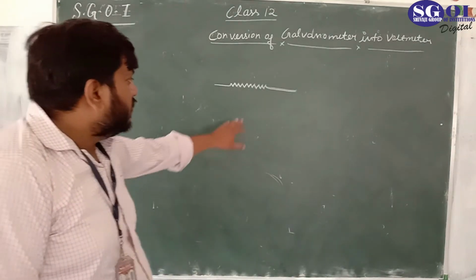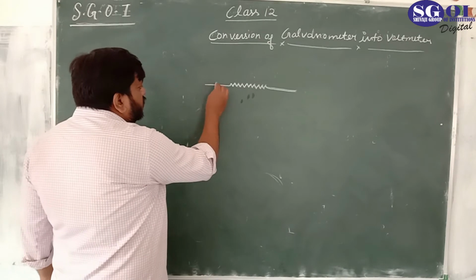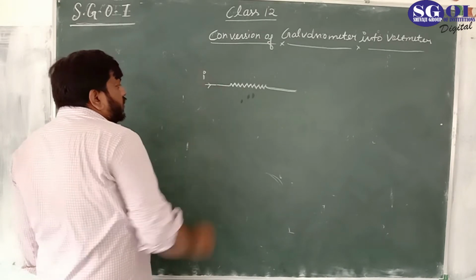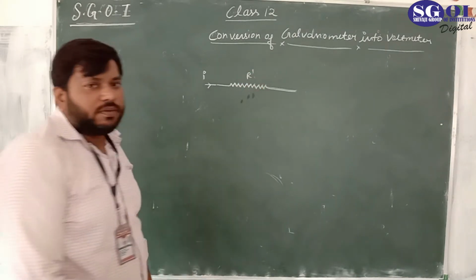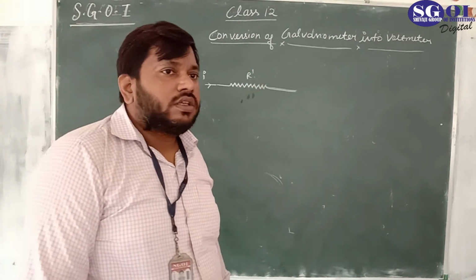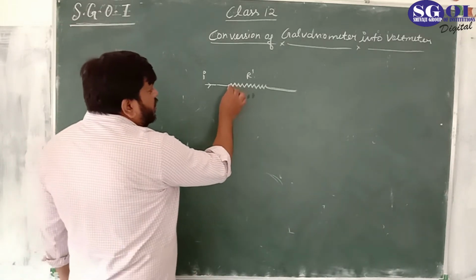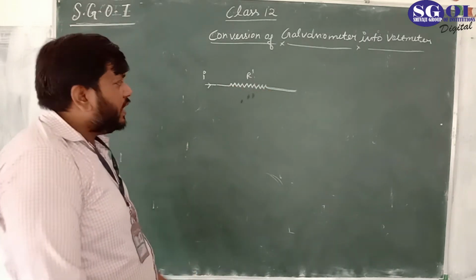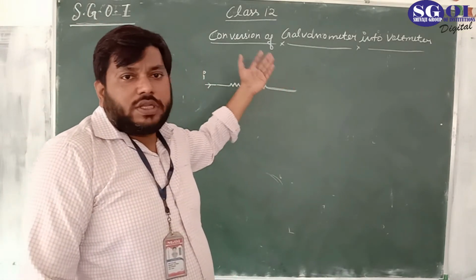Suppose we have this resistance in which a current I is flowing, and let's say the resistance is R dash for understanding purpose. We know that if the current is flowing in this, there is a potential difference.